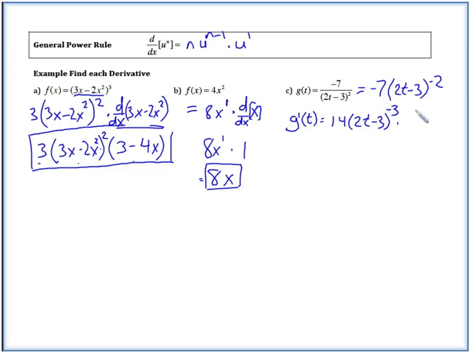And then times the derivative of the inside. Now we'll just do this all at once. So the derivative of the inside is 2. And then we're going to want to simplify here. So 14 times 2 is 28. And then we're going to take our negative exponent and flip it into the denominator.